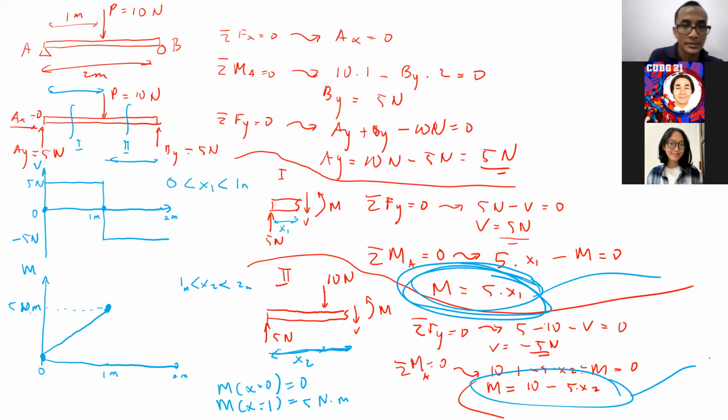Second equation, because the second equation covers from 1 meter to 2 meters, right? The first equation only covers from 0 to 1 meters. So at 2 meters, we have to use the second equation. Now try to put x equal to 2 meters there at the second equation. What is the value there?